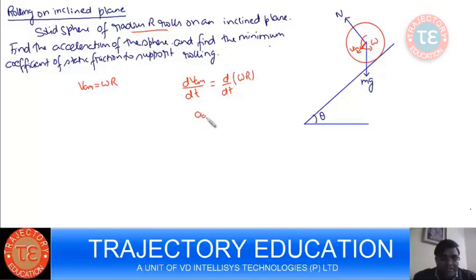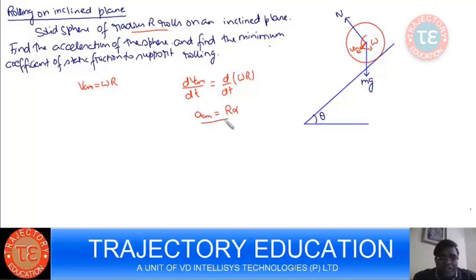That is, the acceleration of the center of mass is r d omega by dt, that is r alpha. Alpha denotes the rate of change in omega, and ACM denotes the rate of change in VCM.